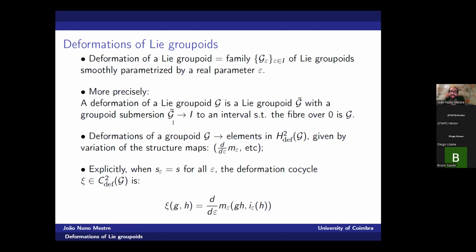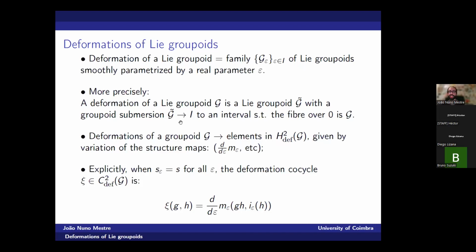So, inspired by complex geometry, one would take a Lie groupoid G tilde over an interval, also seen as a Lie groupoid, just with unit arrows from each object to itself and no more arrows. And we ask that we have a submersion of Lie groupoids from this big groupoid G tilde to the groupoid of units of the interval.